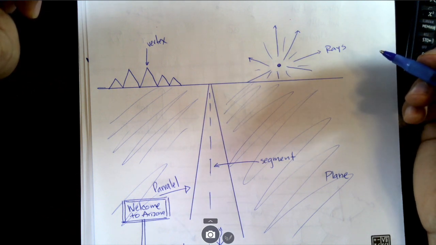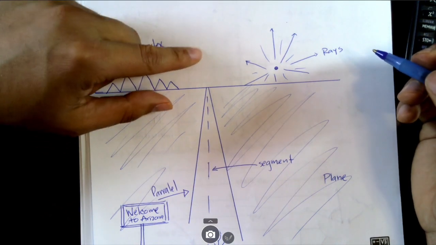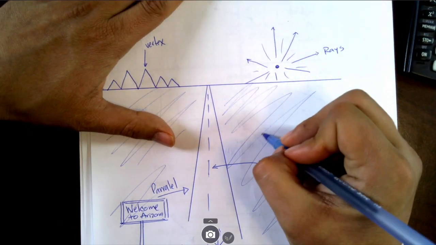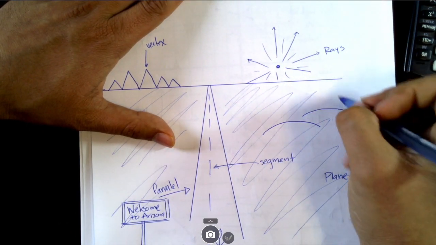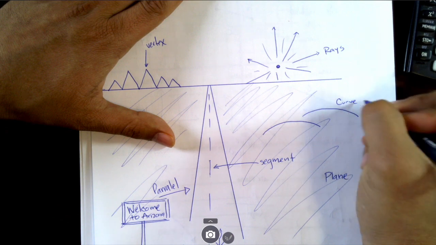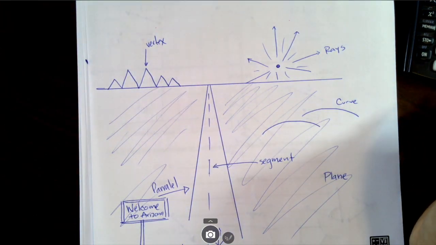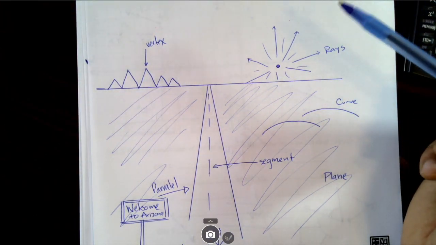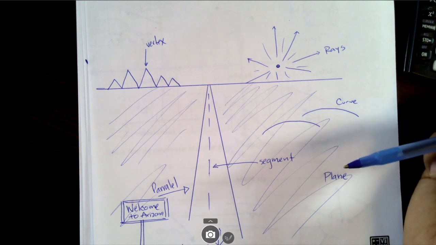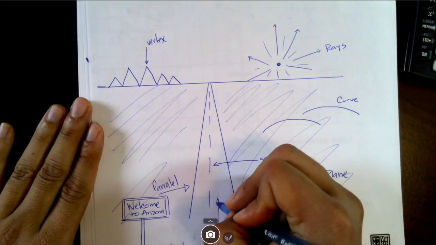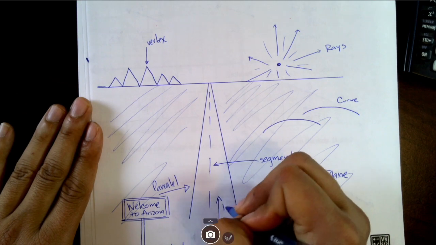Okay. So for a curve, I can draw some hills. And then a line, that's going to be tough, man. A line goes on forever. So I'm just going to say my life going forward and backwards is a line.